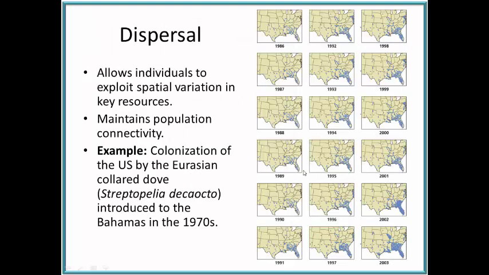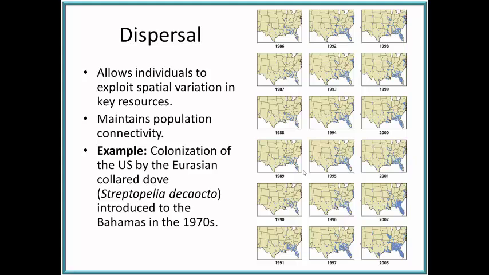This movement, immigration and emigration, allows individuals to exploit variations in key resources and maintains populations' connections. Remember, populations may be in small clusters, as we talked about, not evenly distributed around the environment, but in clusters.